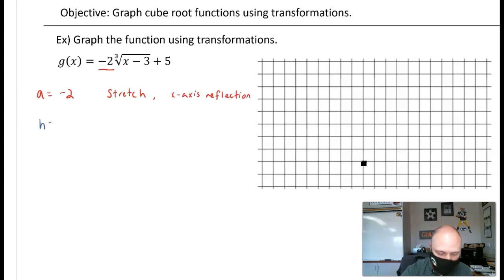H, remember it's opposite. So +3, that's going to take us left 3. And our k value, +5. We're going up 5.